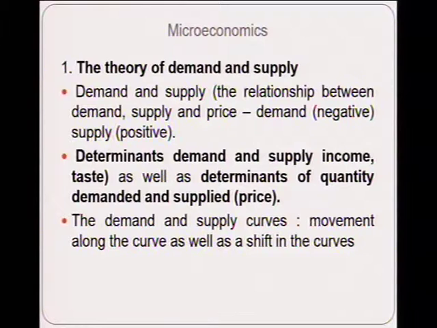And these are things like income and taste. On the other hand, the determinants of quantity demanded or quantity supplied is basically a function of price. So what quantity we demand is a function of price. What quantity we supply is a function of price. But what makes us demand a commodity could be other factors like income or taste or things like that.